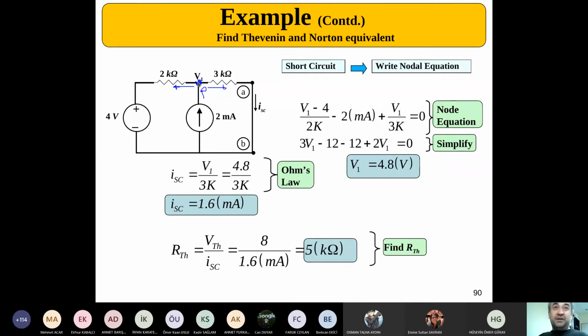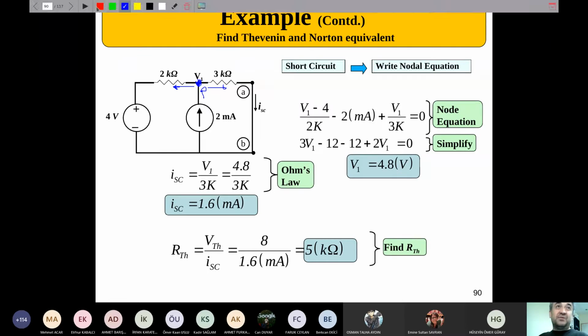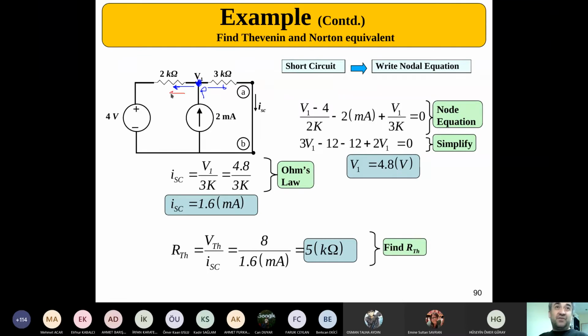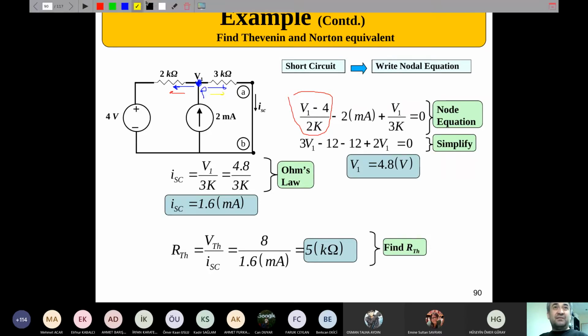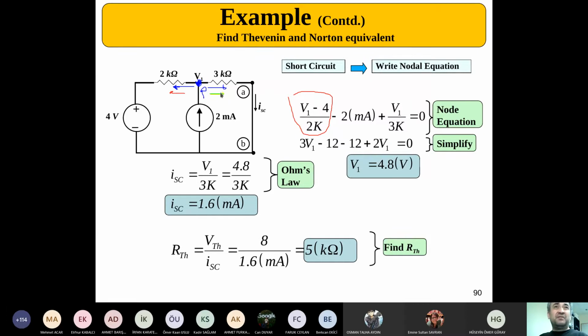The current getting out of this node in this direction, let me write it in red, is V1 minus 4 divided by 2. That is this portion. The current getting out of the node in this other direction, greenish is better, is V1, with no voltage sources here, divided by 3 kilo ohms directly.